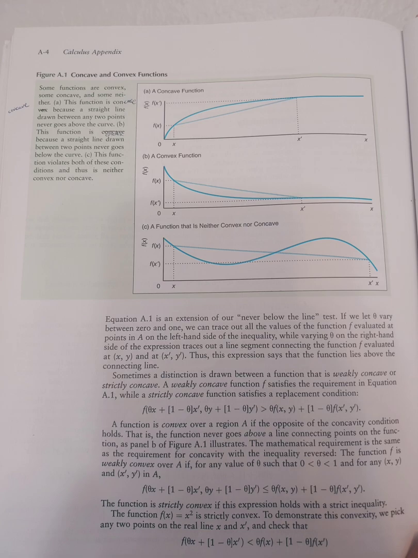f(theta times x plus [1 minus theta] times x prime, theta times y plus [1 minus theta] times y prime) is less than or equal to theta times f(x, y) plus theta plus [1 minus theta] f(x prime, y prime).